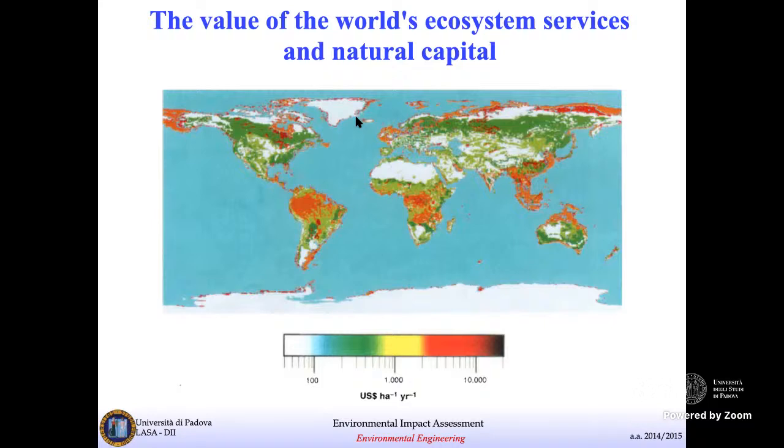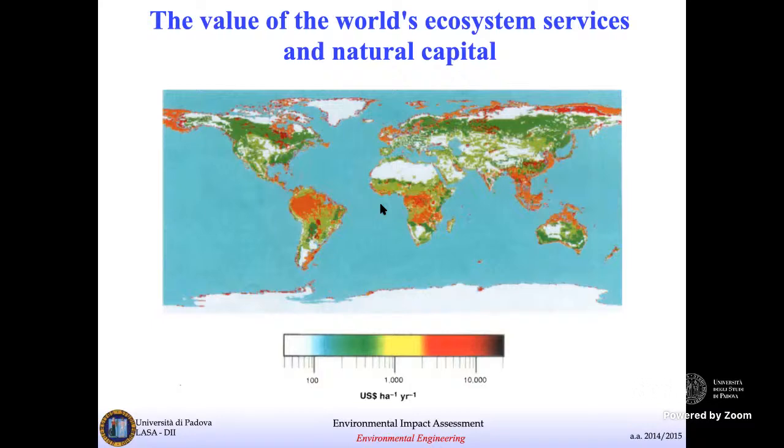So if you make a plot of the value of the world's ecosystem services in terms of natural capital all over the surface of the planet, you immediately notice, for example, that the places in which you have the largest natural capital are around the equatorial or tropical bands, in which we have the largest primary production.